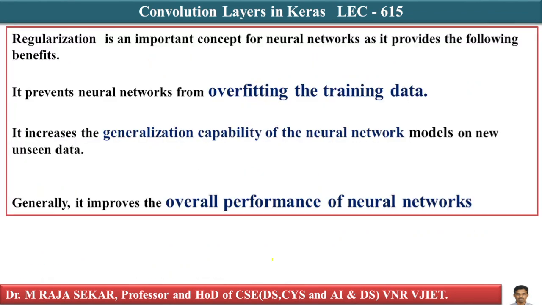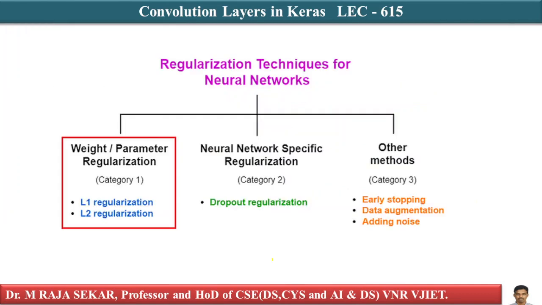If you recall, regularization is an important concept for neural networks, as it prevents neural networks from overfitting the training data. It increases the generalization capability of the neural network, and it improves overall performance. Regularization techniques for neural networks, I request all of you to go through this slide.